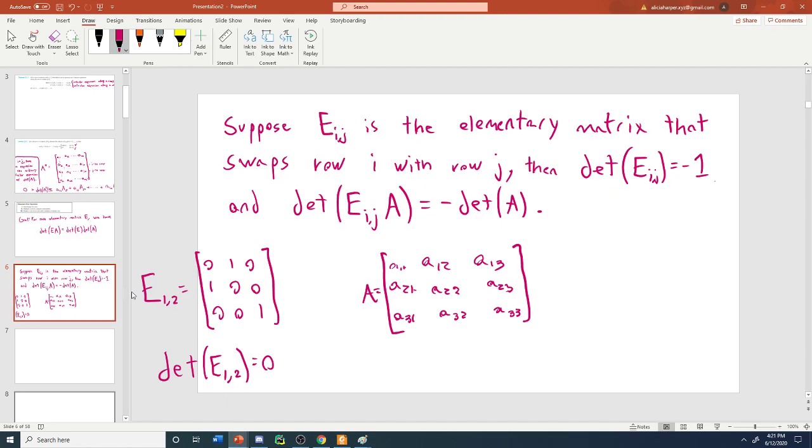Now, let's look at what happens after we apply E12 to A. Well, now we'll have A21, A22, A23, and then here we'll have A11, A12, A13, and the bottom row will remain the same: A31, A32, and A33.